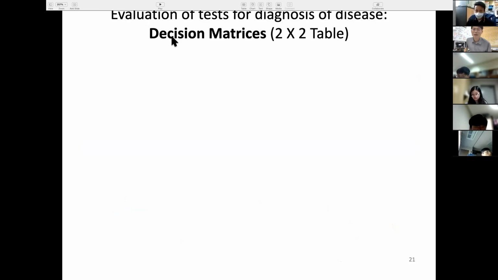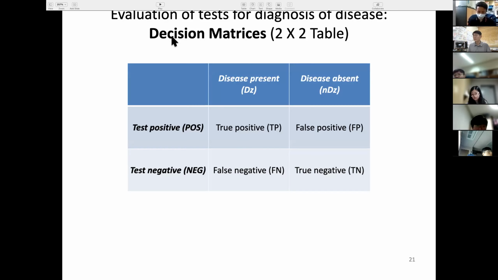So let's say we have developed an instrument to detect coronavirus. Then how can we evaluate this coronavirus detection? Usually, let's say that's a PCR machine. Then you have to consider whether the actual truth is that the virus or disease is present or absent.